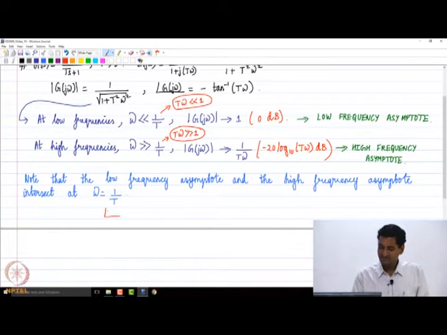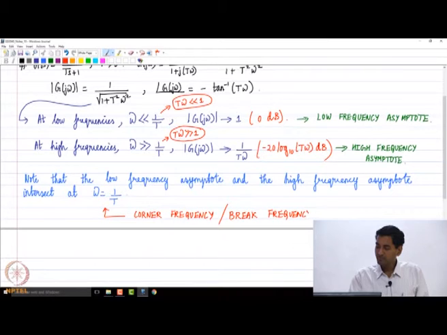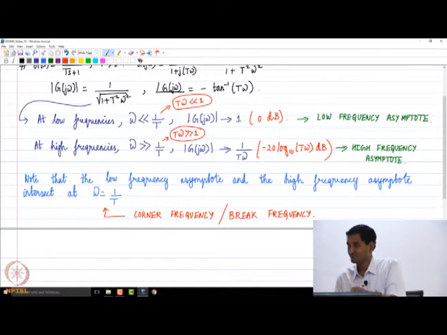So this is what is called a corner frequency, or some people will call it the break frequency. One thing you should be careful about when you do practical problems is that this frequency omega should be in radians per second, okay?